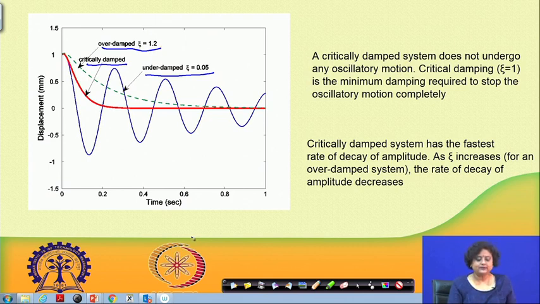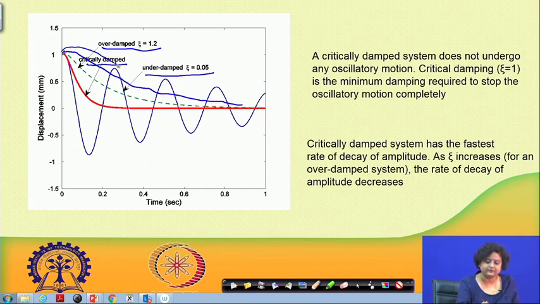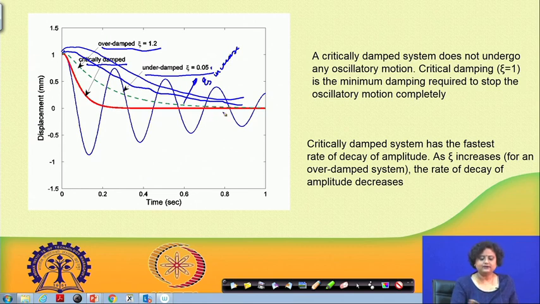You will see that as zeta increases over 1, the rate with which the response decays becomes slower and slower. If zeta increases, the slope with which the response decays becomes slower.